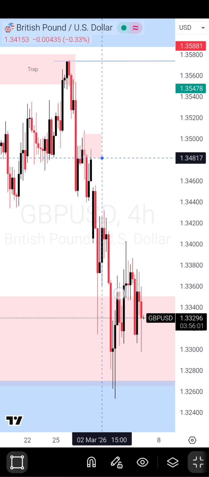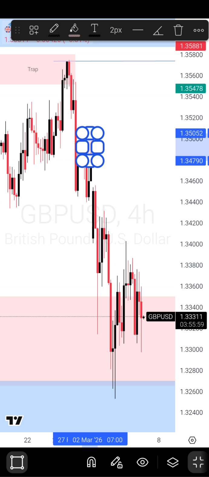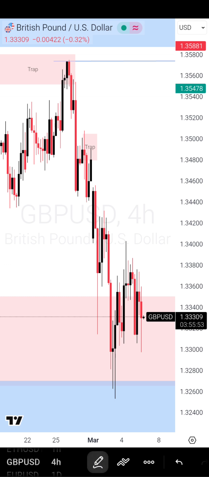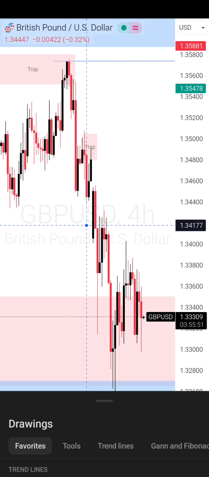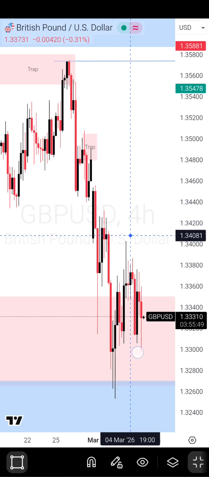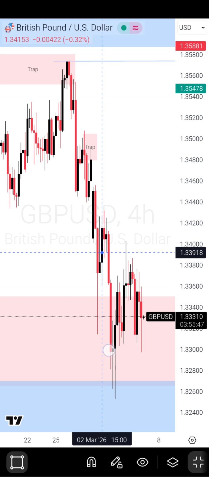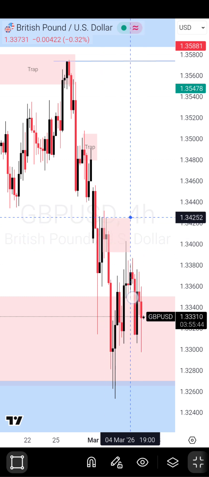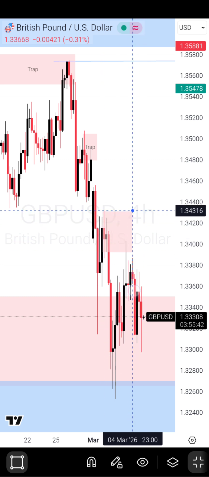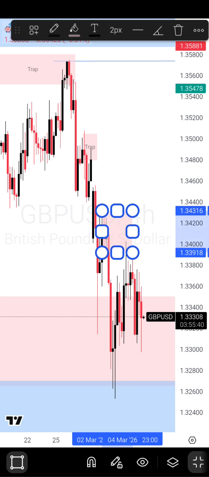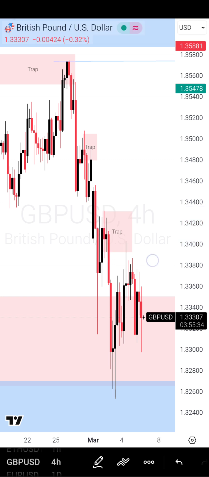So this is also a trap, and all these traps are profit taking points. This is also another trap. So these zones are no longer valid. So this is what I can see on the 4-hour time frame.